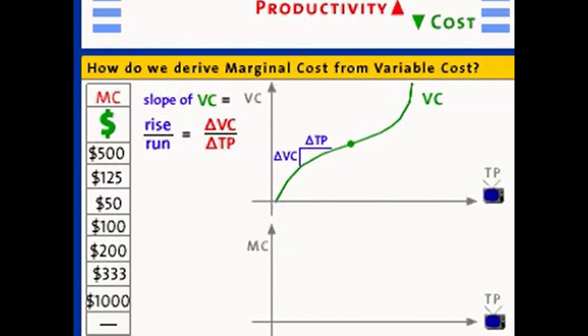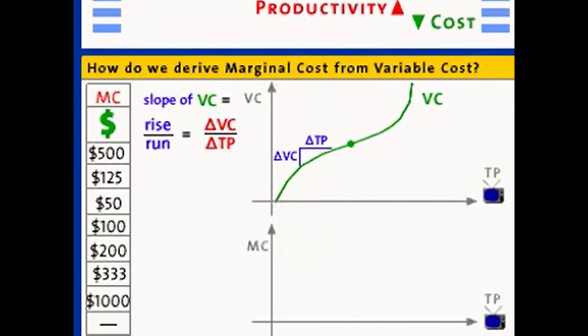The most important point in this graph is going to be this point right here. That's the point of inflection, the point at which the variable cost curve stops being concave and starts being convex. This is the point at which the slope stops diminishing and starts increasing.